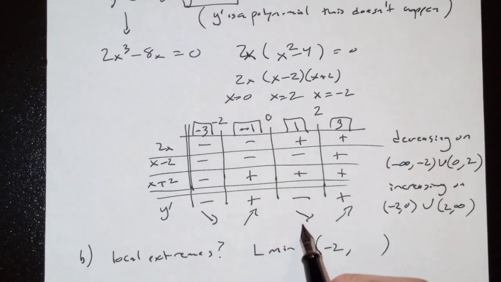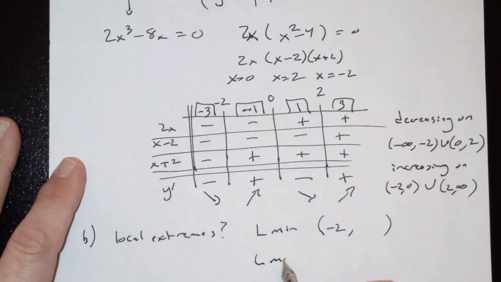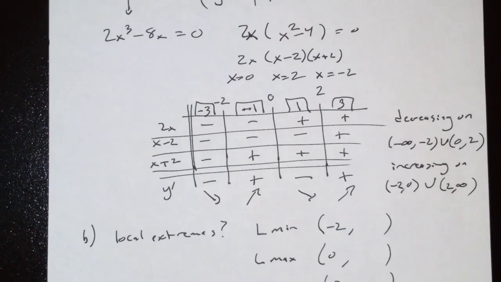Up then down, I must have a maximum. Down then up, I must have another minimum. But it asks for the values, right? It asks for the maximum and minimum values. Those are the y values. So I need to take those numbers, plug them back into the original equation.